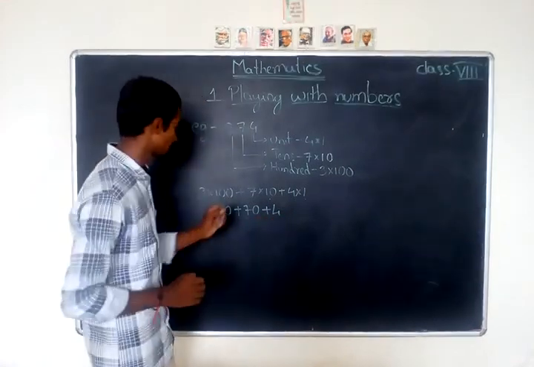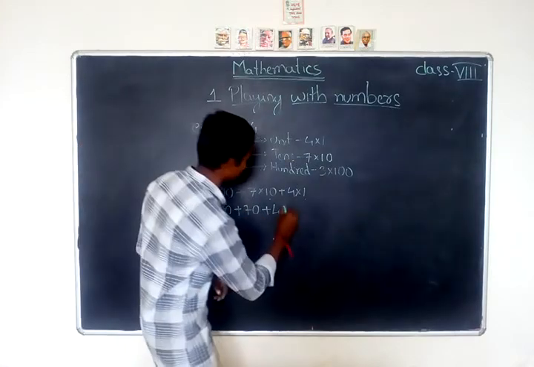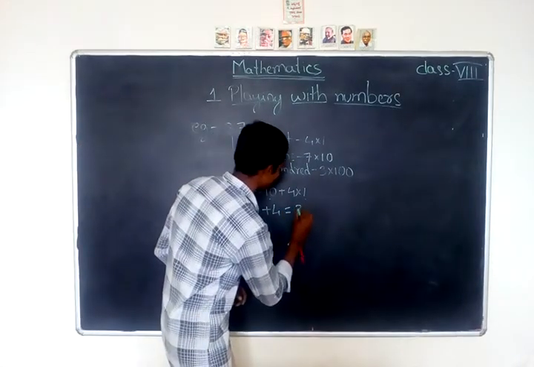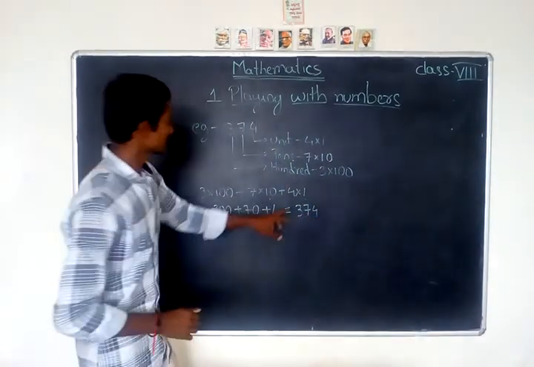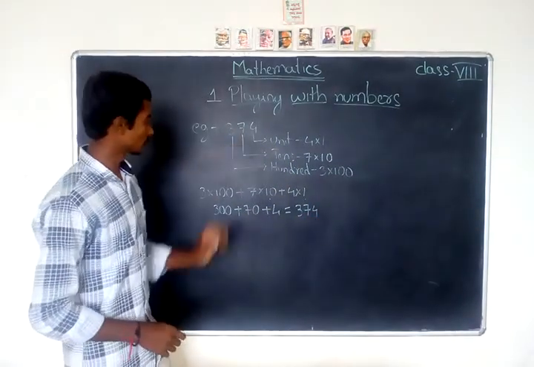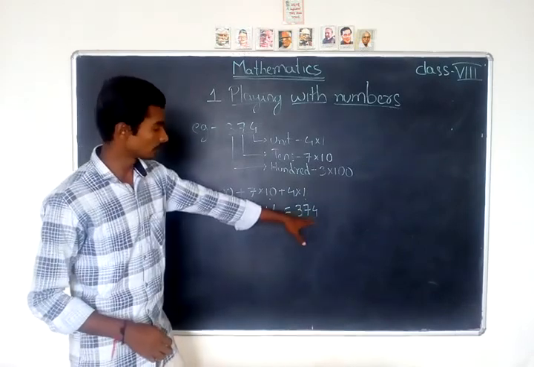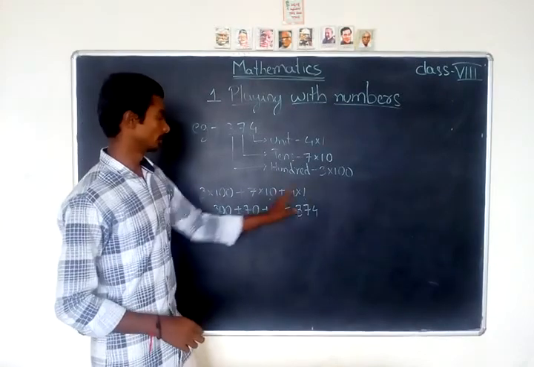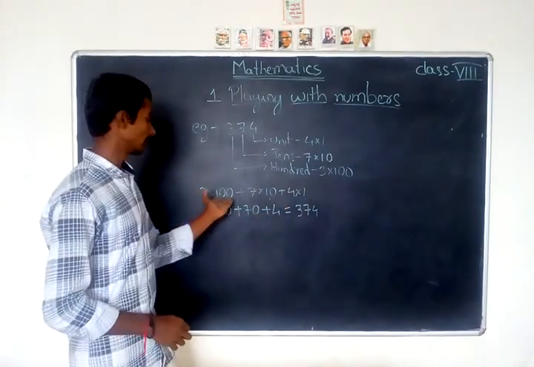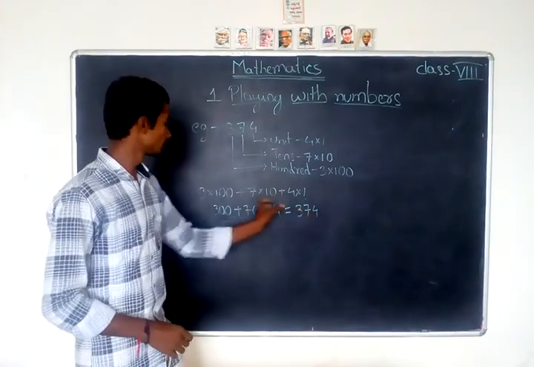Now, what will be the addition of these numbers? It is 374. This is same thing, right? So, what we can say by this is, any number can be written in this form, that is, each digit into its place value.